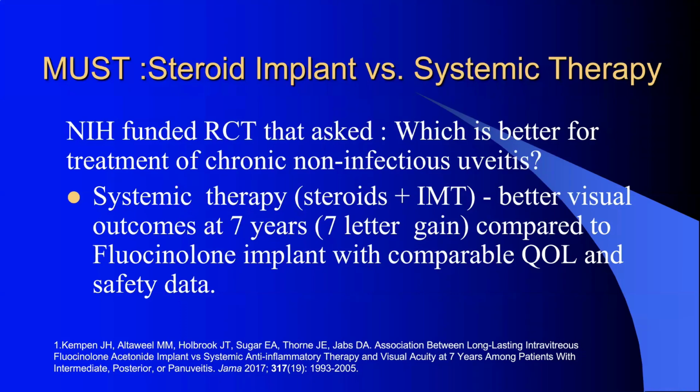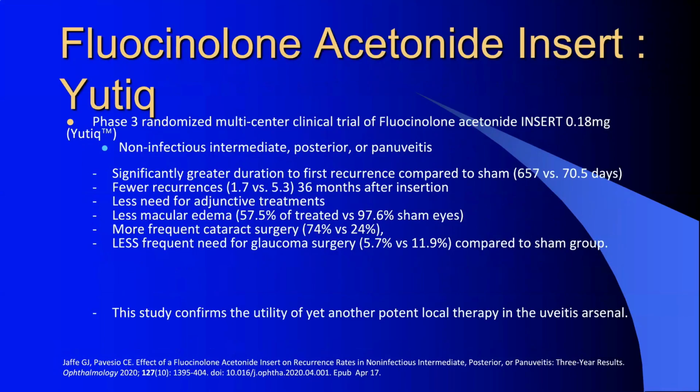Long-term, patients did well with either therapy, but the combination of low-dose oral steroids and immunomodulatory therapy worked very well, provided reasonably good quality of life comparable to the fluocinolone implant, and had better visual outcomes than the steroid implant alone.